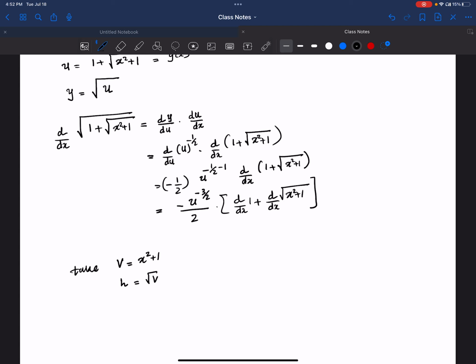Continuing this one, d over dx of the square root of 1 plus, I should have written this one over this side. I'll take my v equal to x squared plus 1, and then your h is equal to the square root of v.